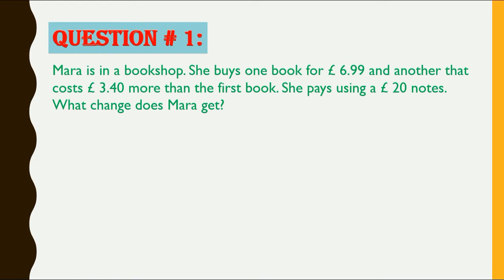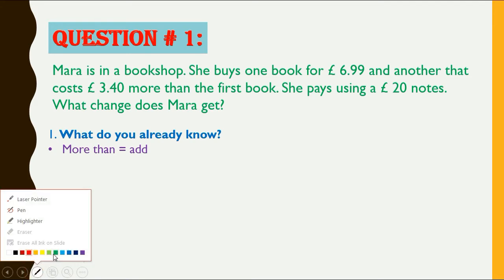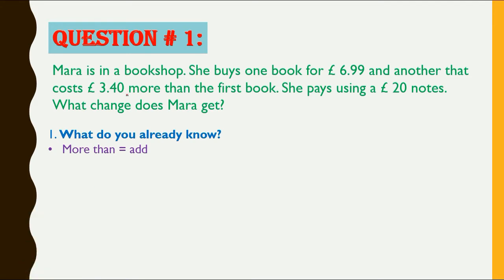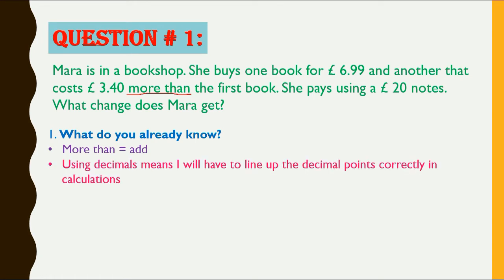So first of all, after looking at the question, what do you already know? More than. Here you can see the term more than is used. More than means we have to add. Using decimals means I will have to line up the decimal point correctly in calculation. Here 2 decimal numbers are used here and here.